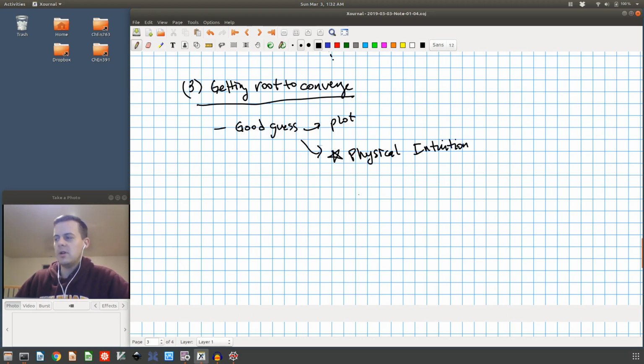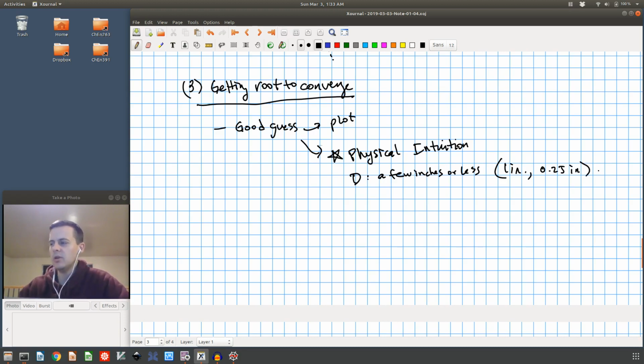So, for instance, the diameter of a pipe usually is a few inches or less. So you might start out and guess 1 inch. That might be a good guess for a pipe diameter. Or 1/4 inch. Those are pipe sizes you might find at Home Depot. So that's a pretty good guess, if you're doing something physical where, like, water's not traveling at the speed of sound or something.